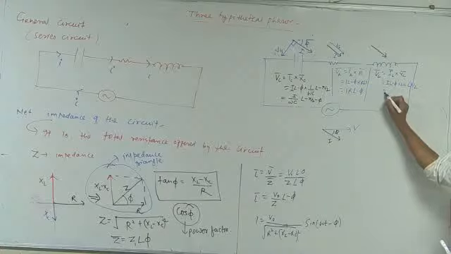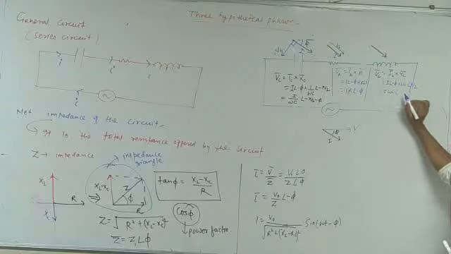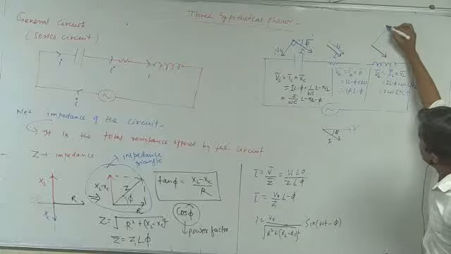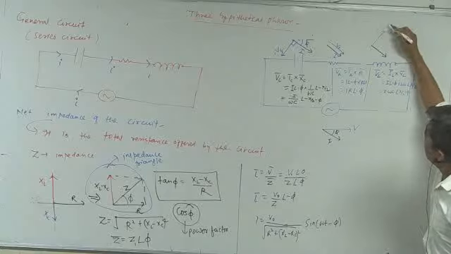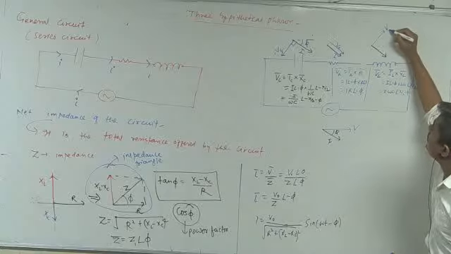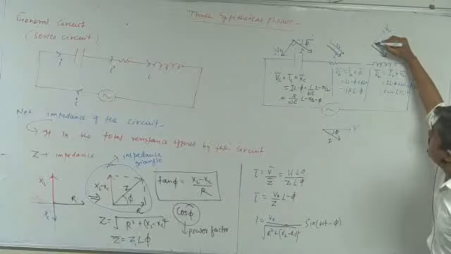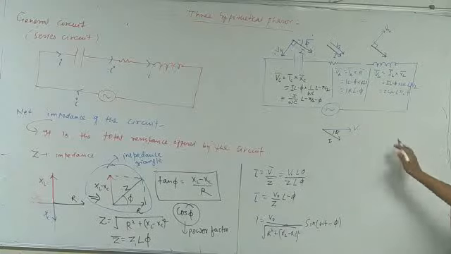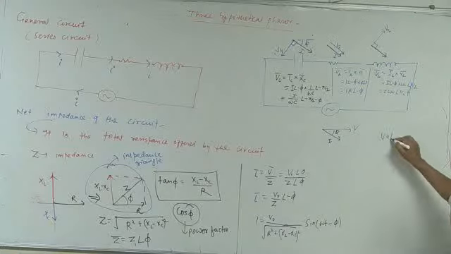We get I omega L angle pi by 2 minus phi. Means like this. This is V across the inductor. Is that clear? Understood?